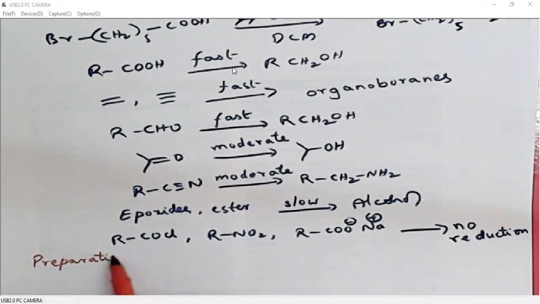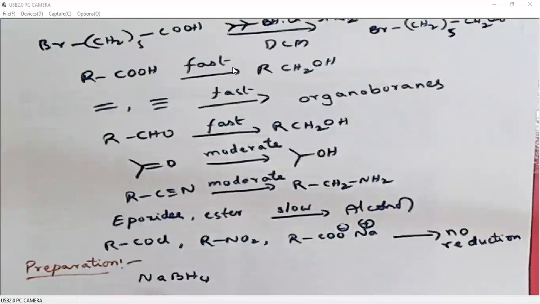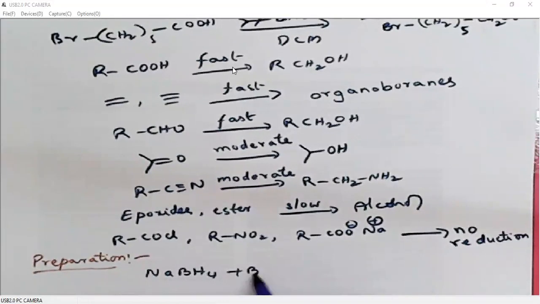The preparation of these boron reagents is also easy. Of course, we don't prepare them in a lab. Normally, we buy them in a lab. But the preparation is also easy. What we will do is use sodium borohydride to reduce boron trifluoride gas.